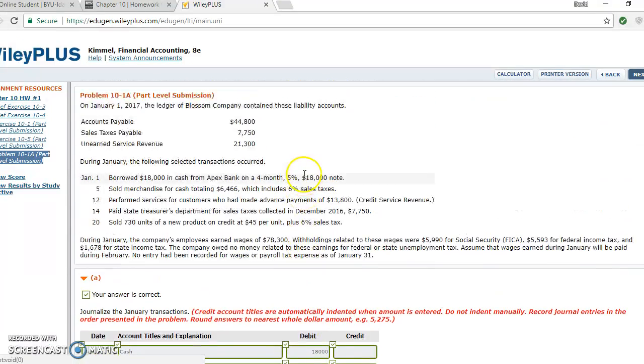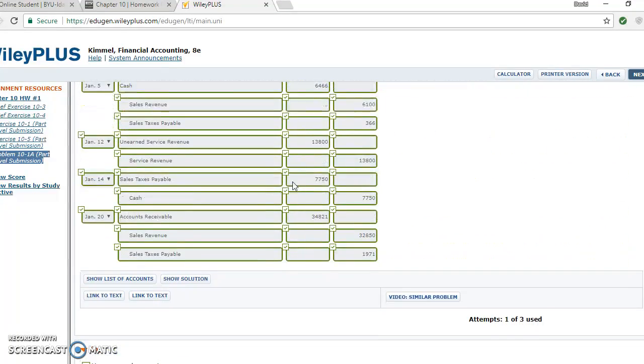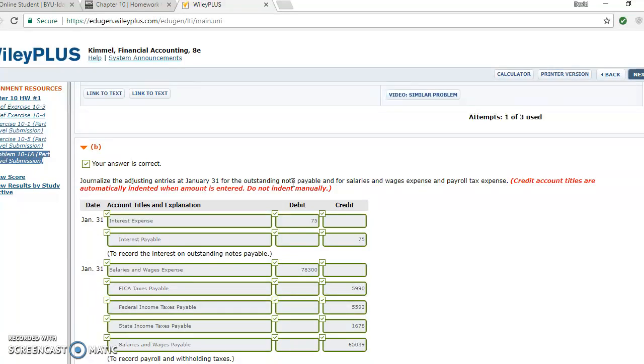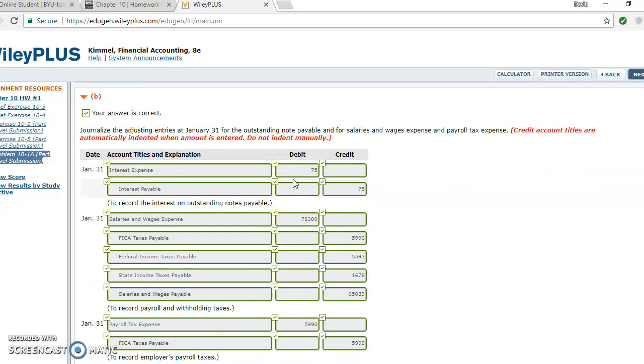The percentage is 5%. So then it's only going to be for 1 month. So that will be 18,000 times the interest rate of 0.05 times 1/12. And that amount ends up being $75. So it's debited to interest expense and for the same amount credited to interest payable.